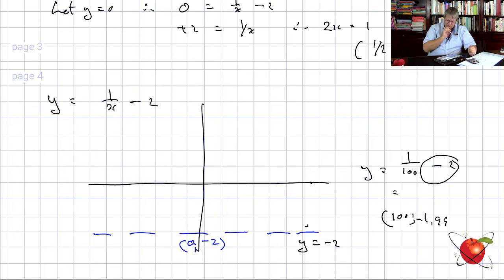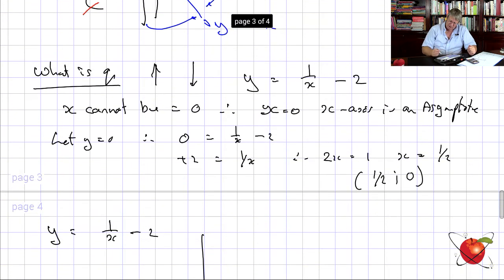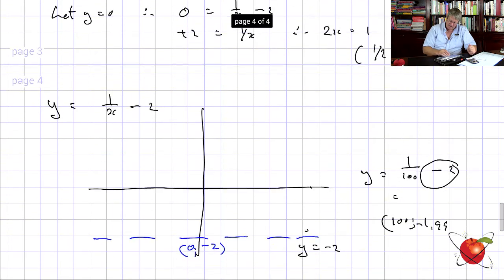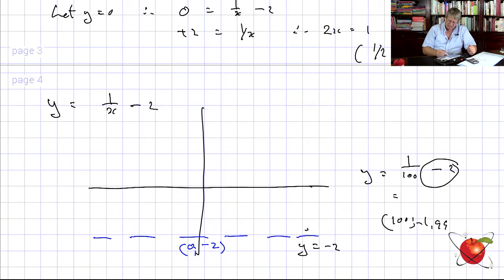Now, what we're saying is that it's an asymptote. If you look up above, what did we do? We plotted, if y is 0, x was a half.